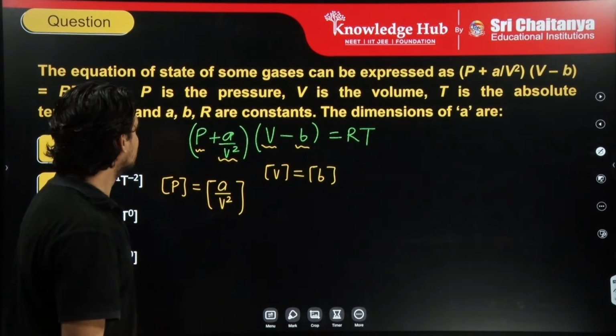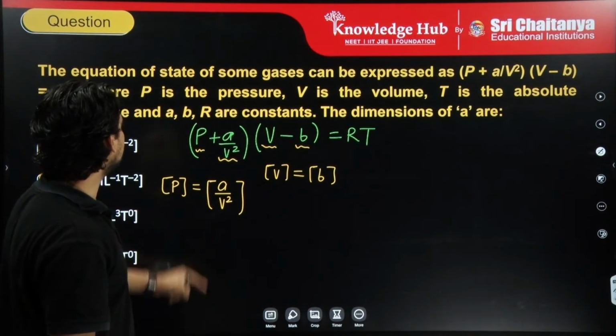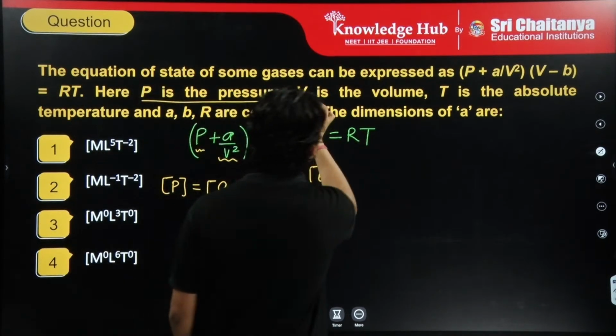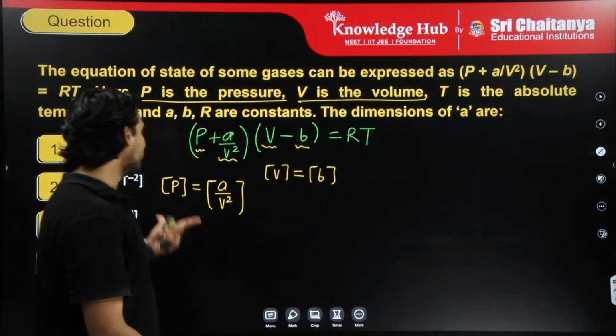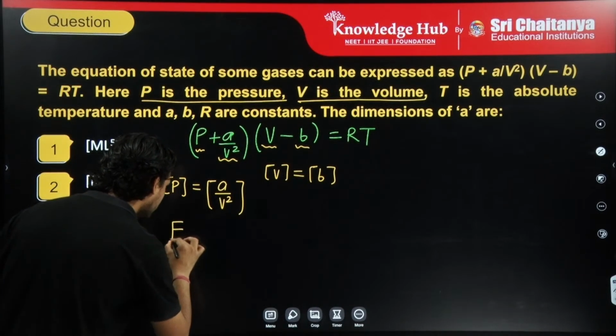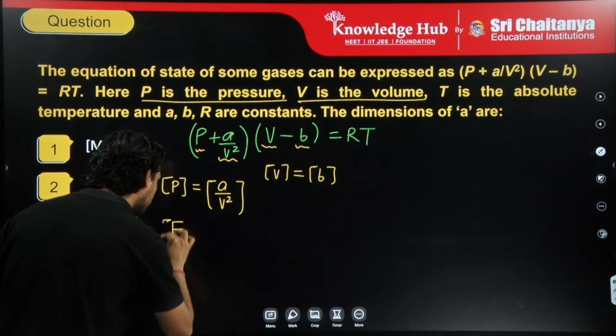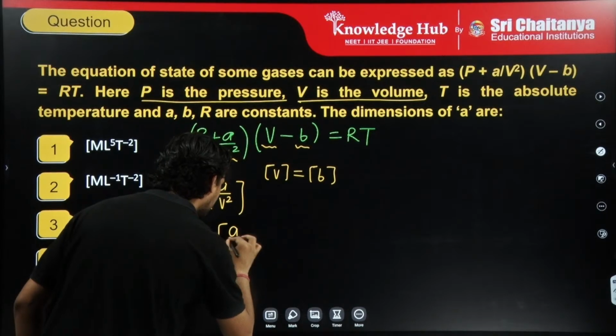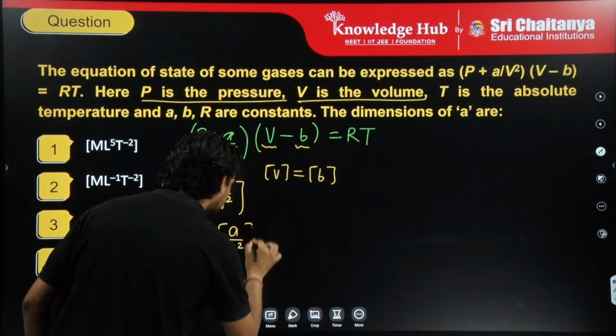Yes. So now here, what is this P? P is the pressure, it is given in the question, and V is the volume. So what is pressure? Pressure is force upon area. Force upon area is equal to the dimension of A upon volume square.